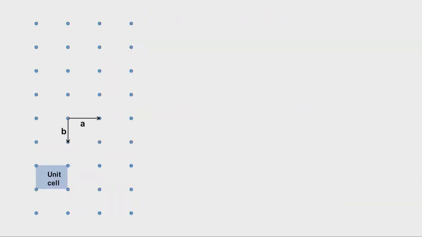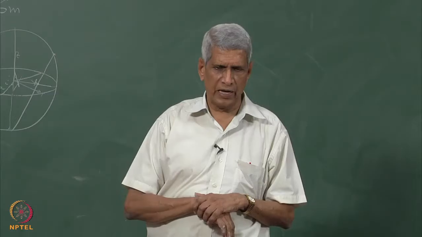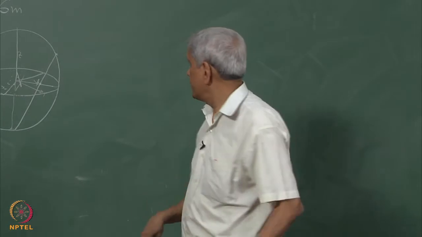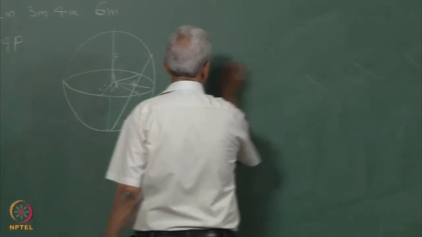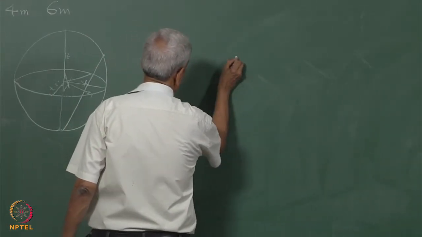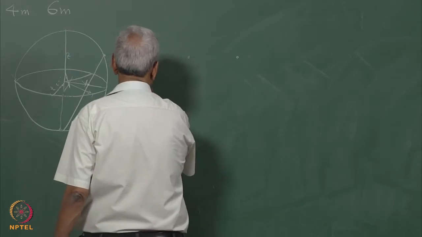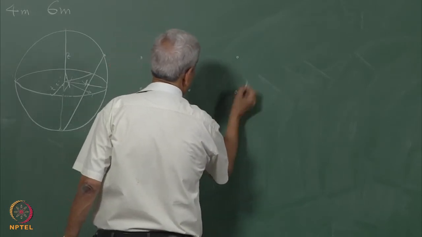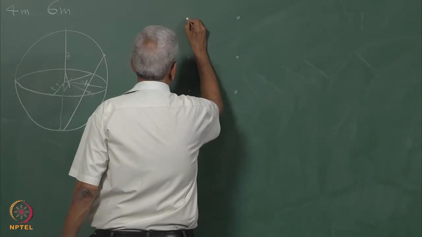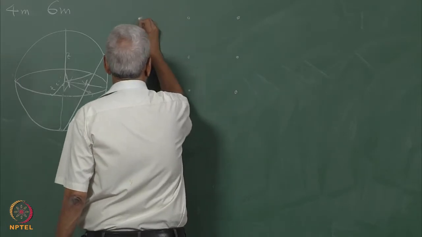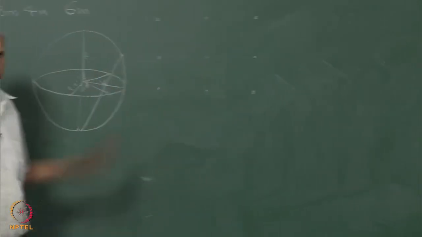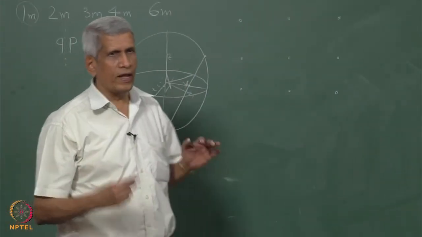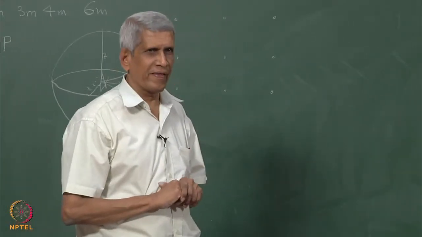So, here what I have done is we are taking a rectangular lattice. Okay. In this rectangular lattice, by inspection, looking at it, what are symmetries which it can have?